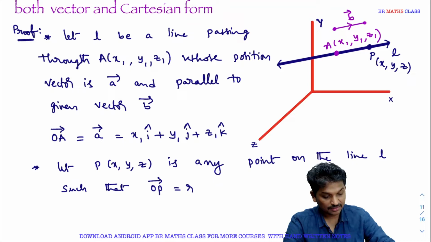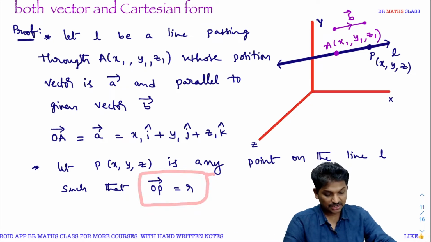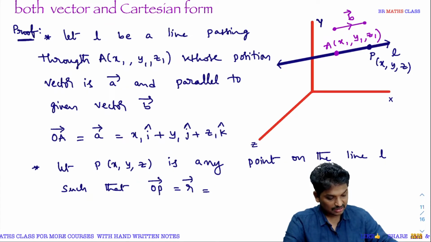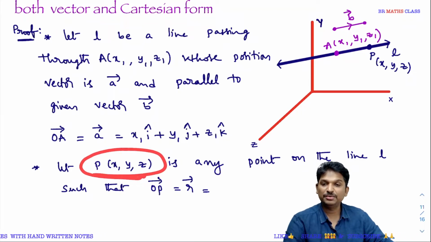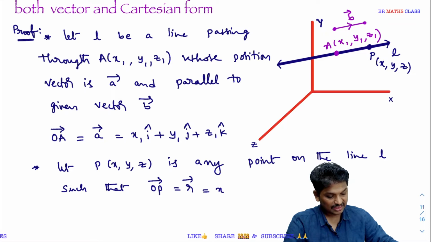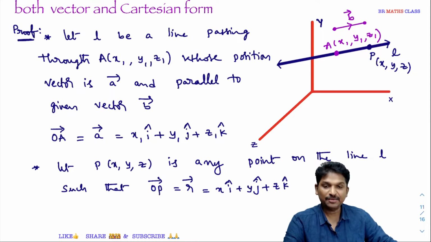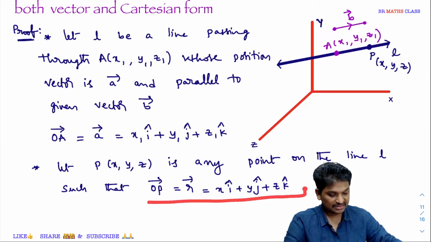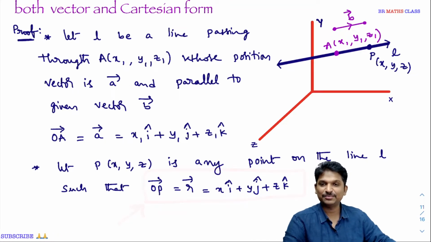What is OP bar? OP bar is the position vector of point P. OP bar equal to R bar. As we know point P is x comma y comma z, what is OP bar? OP bar is x i cap plus y j cap plus z k cap.